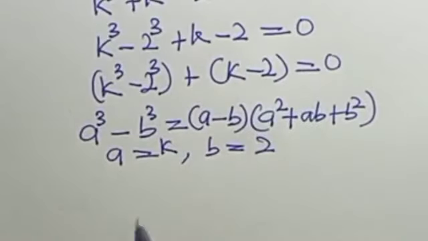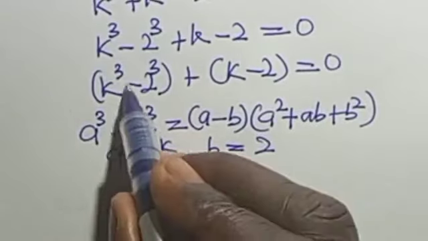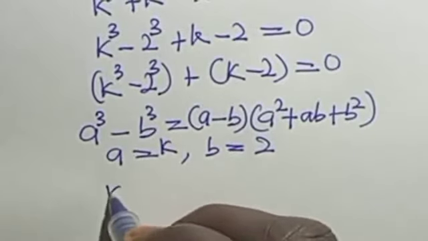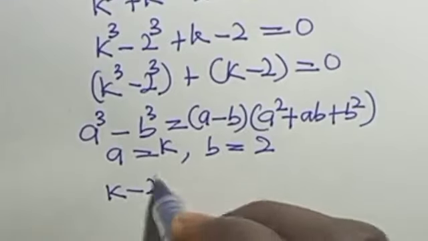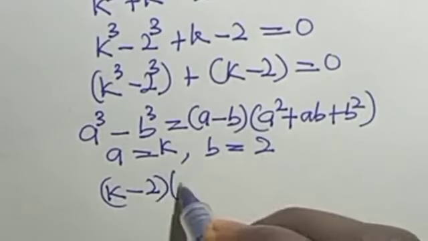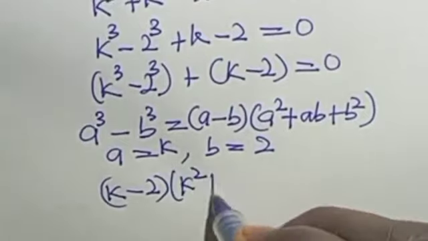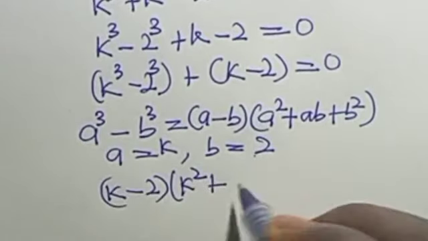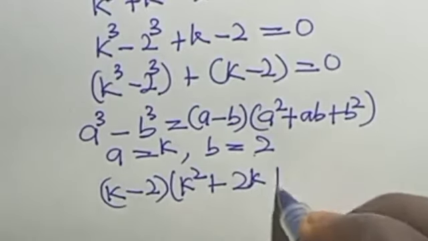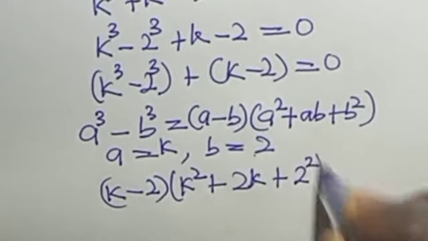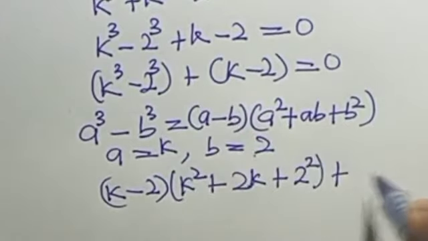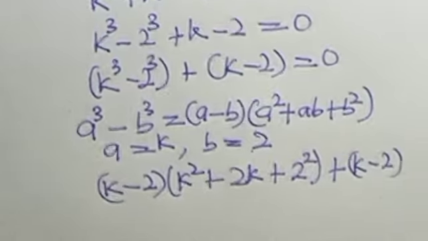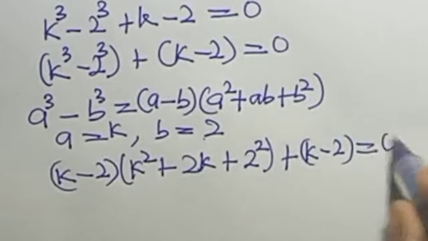So we want to apply this in this form. It will be k minus 2 into k squared plus ab, which is k times 2, that is 2k, plus 2 raised to power 2, plus k minus 2, equal to 0.